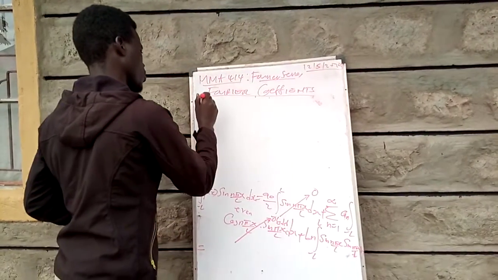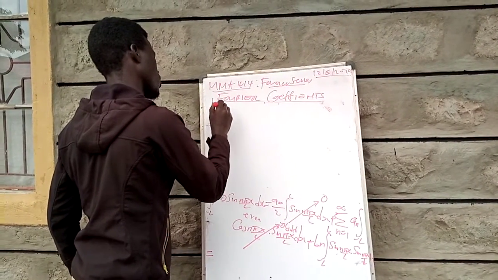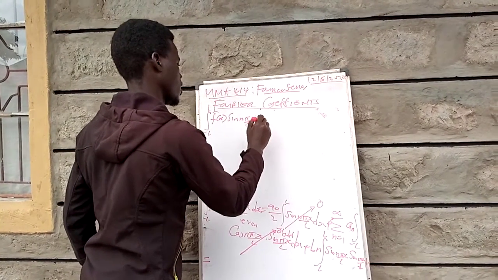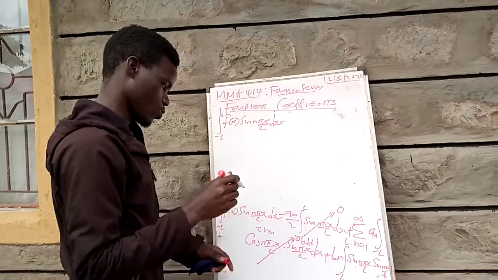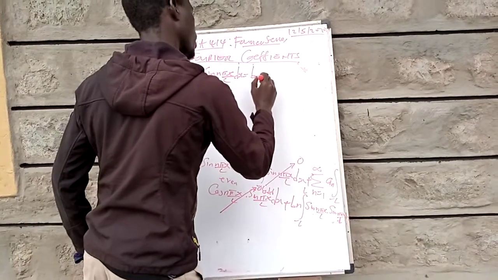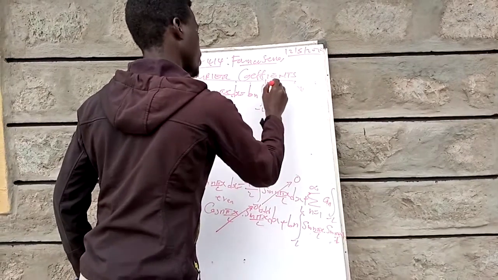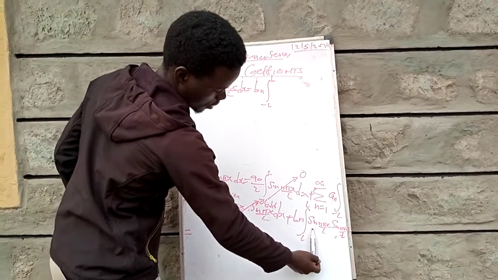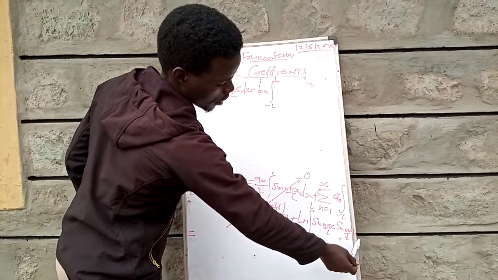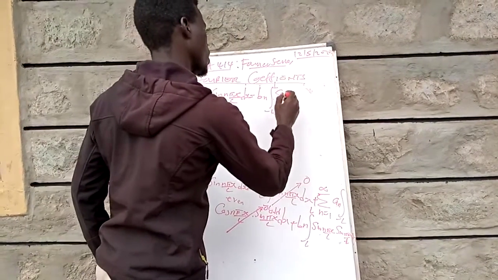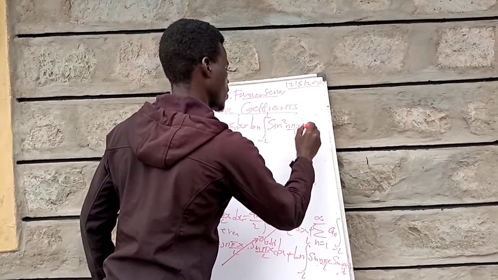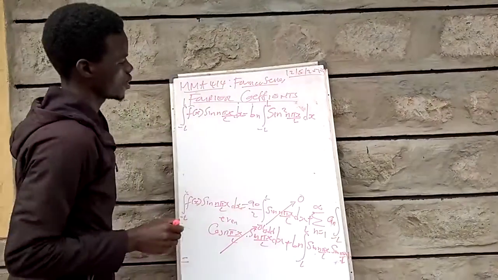We remain with the integral from negative L to L of f of x sin of n pi x over L dx equals bn integral from negative L to L. If you multiply sin n pi x over L times sin n pi x over L, you are going to get sin squared n pi x over L dx.